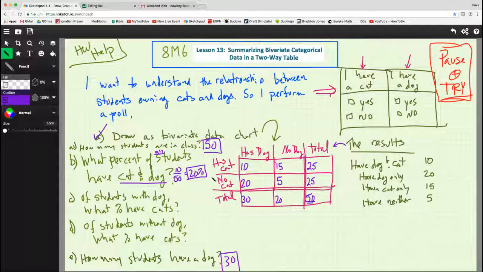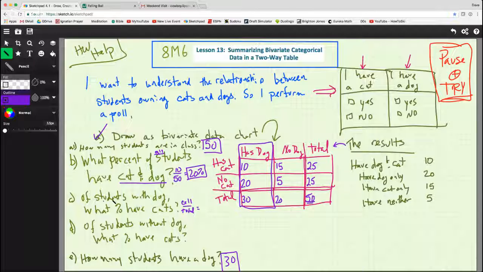Okay, now we want to say of students with a dog, what percent have cats? So what are we talking about? If students with a dog, we're taking a subset. We're not talking about all students anymore. So we have to look at this column only. In this column, we take our cell value over our total for the column.